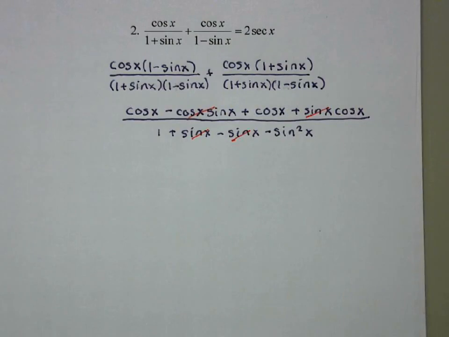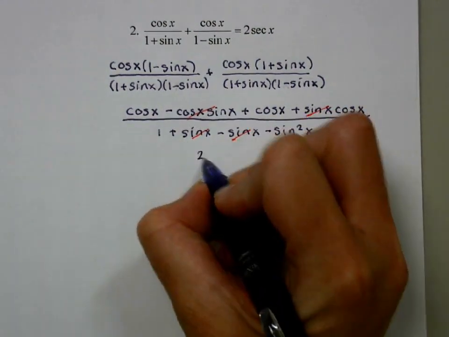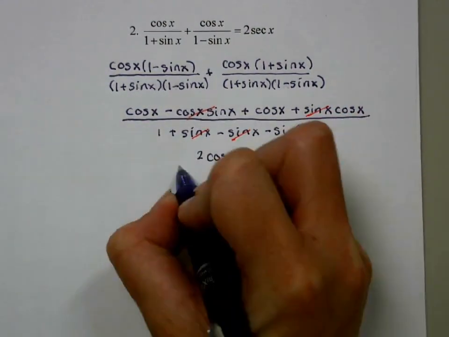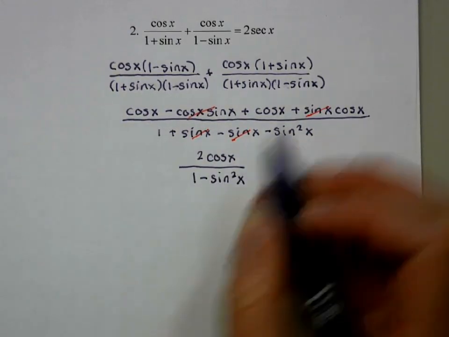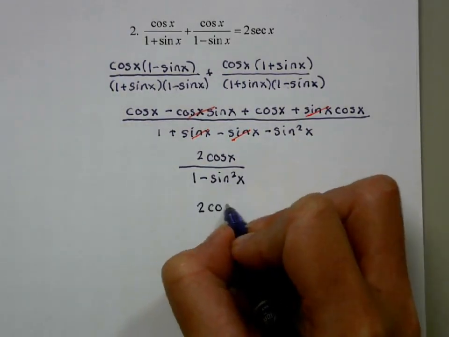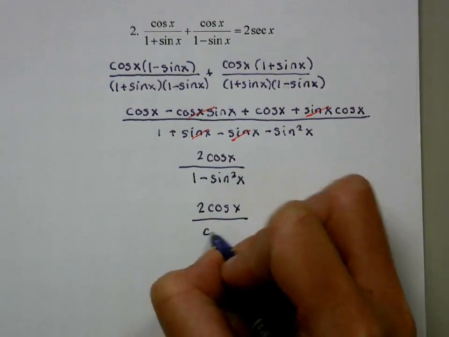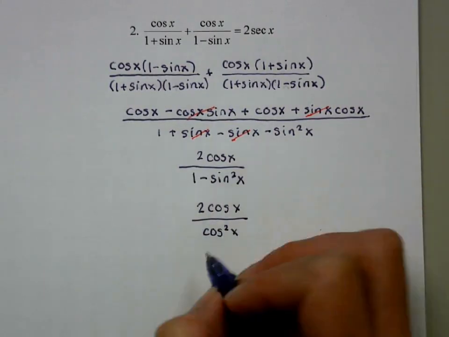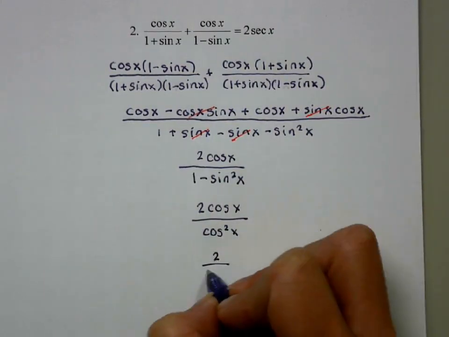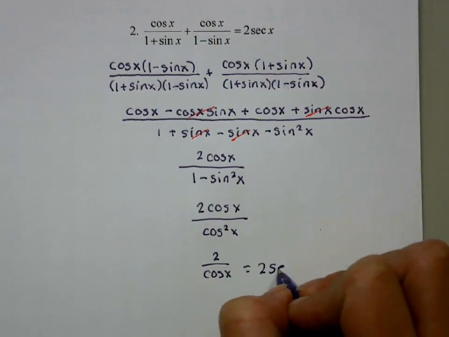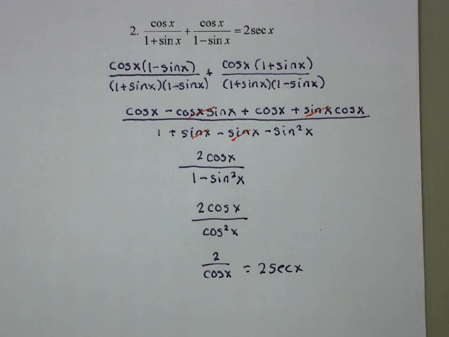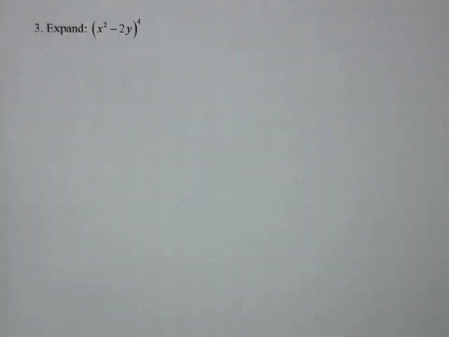So in the top, I have 2 cosine x. In the denominator, we have 1 minus sine squared, which of course is cosine squared. So this reduces to 2 over cosine of x, which is equal to 2 secant of x. So getting a common denominator and then just working your way through it.